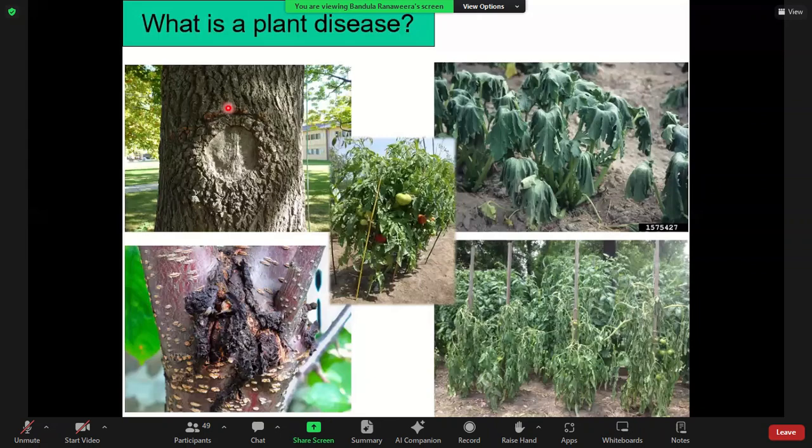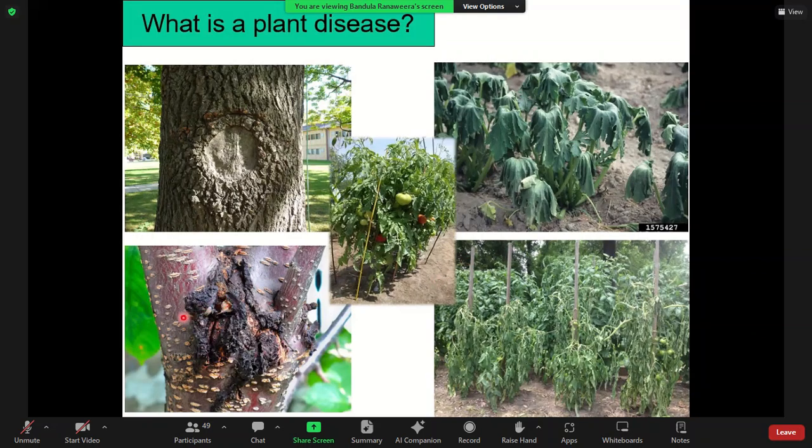What do you mean by a plant disease? Suppose that this is a healthy fruit-bearing plant, and all other these plants, we can see that there is a problem. Maybe we name these as diseased or plants with a disease.